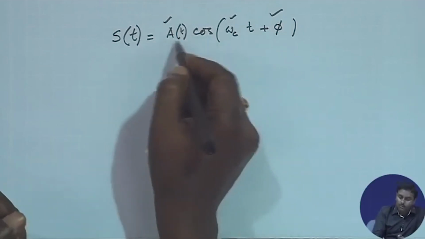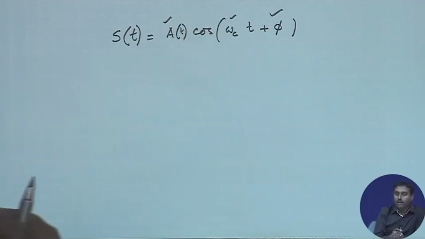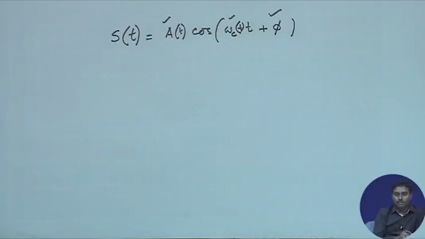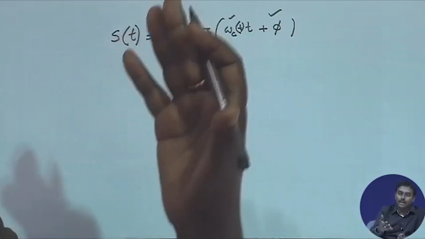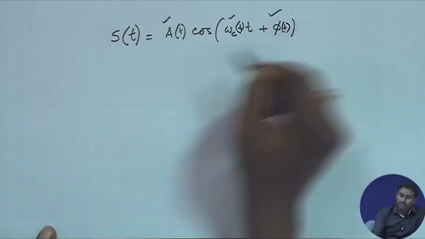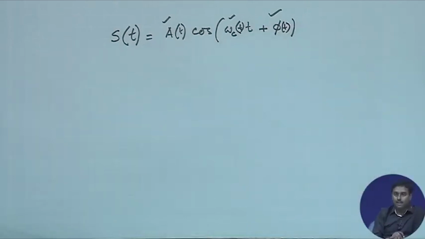That way I carry my message signal on top of this one. Or I can vary the frequency with respect to time, proportional to my message signal. Or I can vary the phase proportional to my message signal, and accordingly there will be different kinds of modulation.